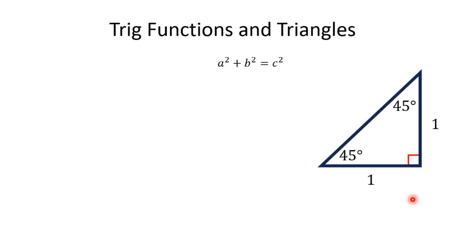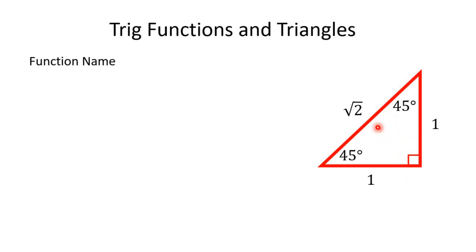A squared plus b squared is c squared, which means 1 squared plus 1 squared is the hypotenuse squared. We square the 1's and we get 1's. We add those 1's and get 2. And then we take the square root of both sides. We'll get x is equal to either positive or negative square root of 2. But of course, we're looking at the positive one here. So this is the triangle we're looking at.